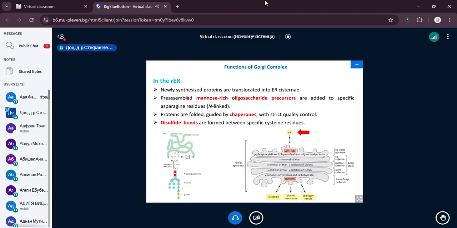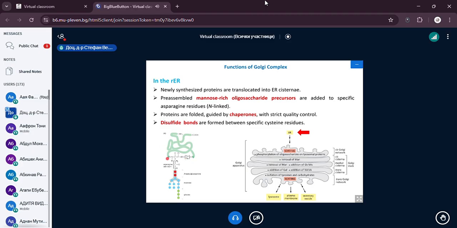And in this endoplasmic reticulum, with the help of special proteins, a pre-assembled oligosaccharide, which has 3 glucose, 9 mannose, and 2 acetylglucosamine residues, is being attached to the amino group of one amino acid called asparagine.